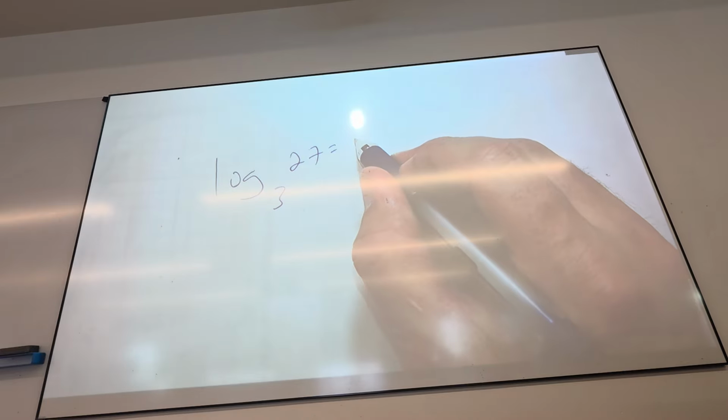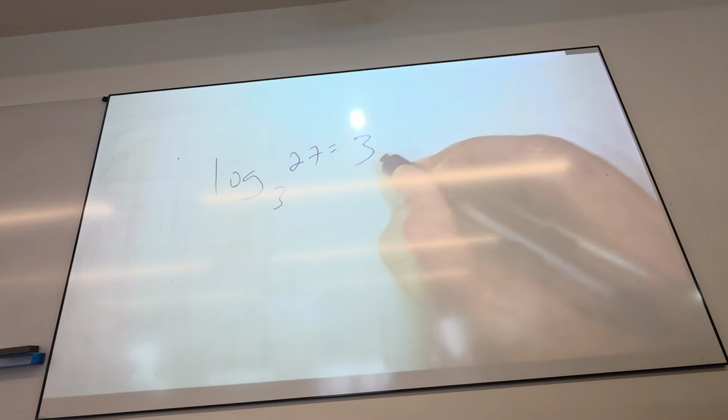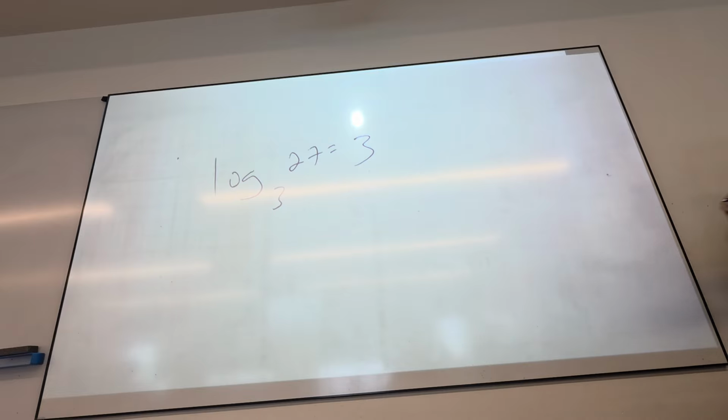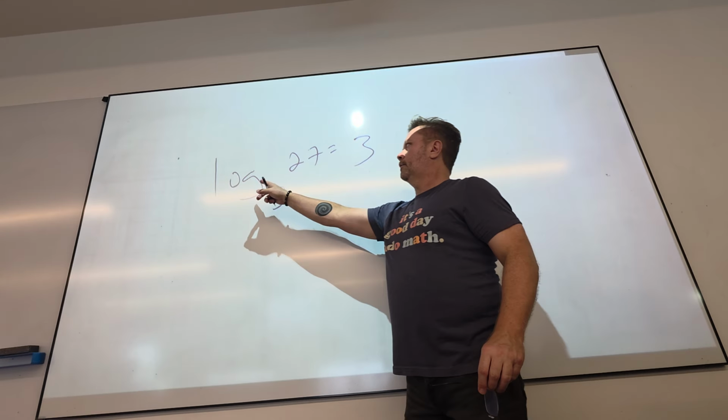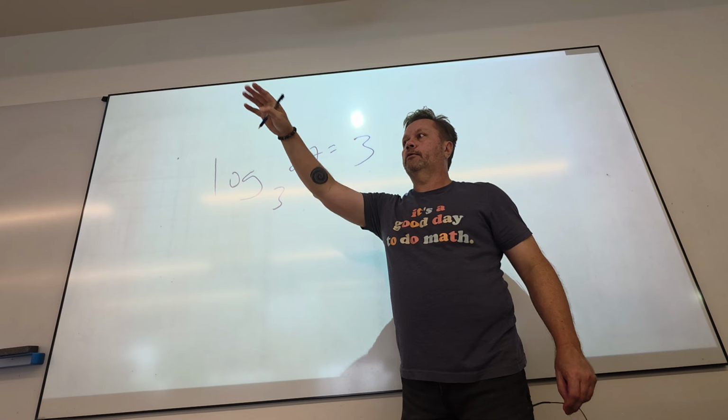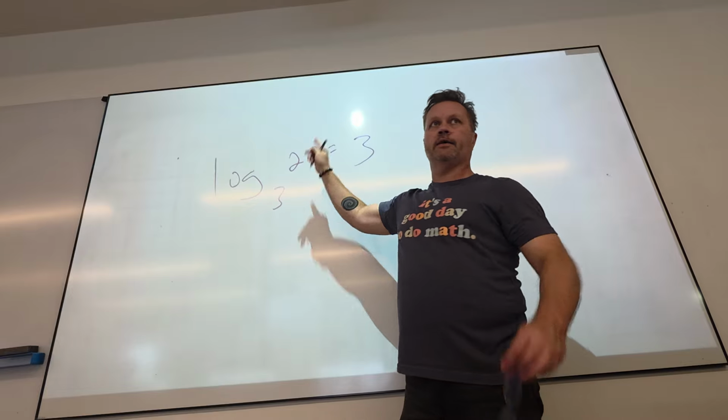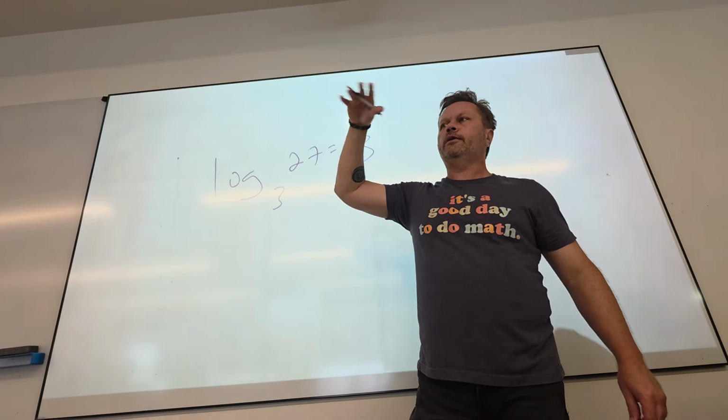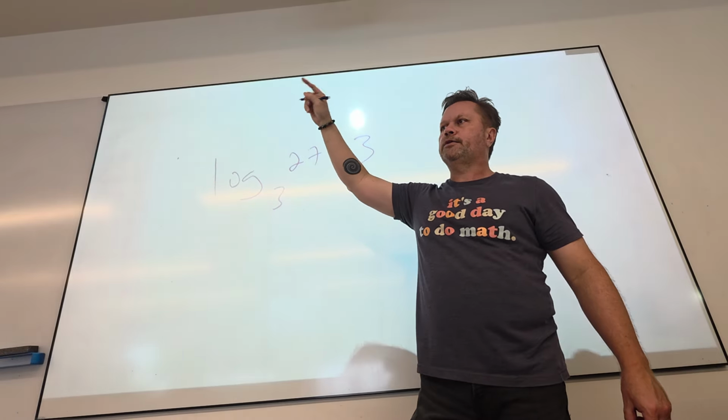How many 3's multiply to be 27? 3. I want you to realize there are two layers here. A logarithm is asking you for a power. What power does the base need to become this? If you internalize that, you have a way to attack it.